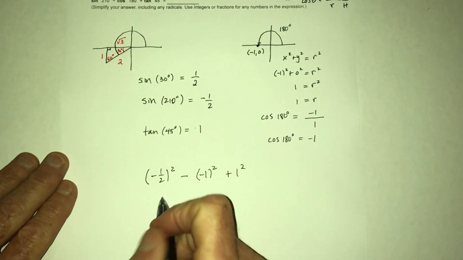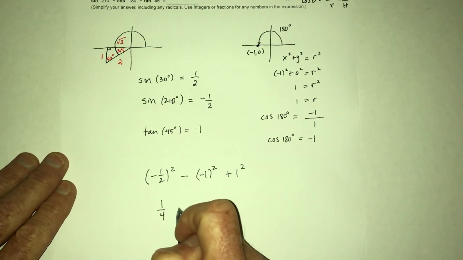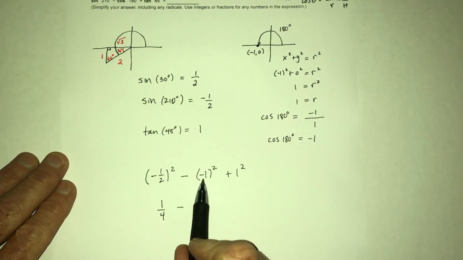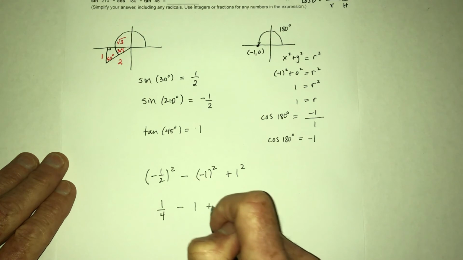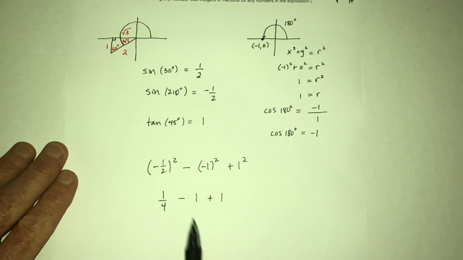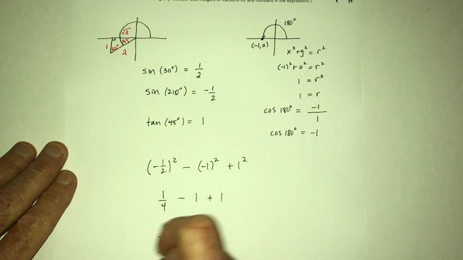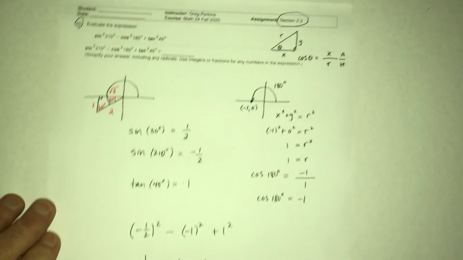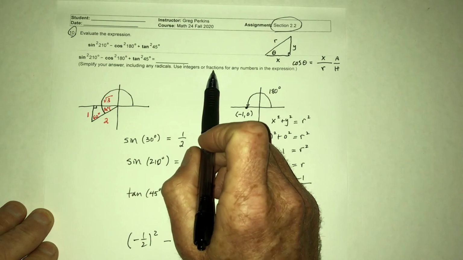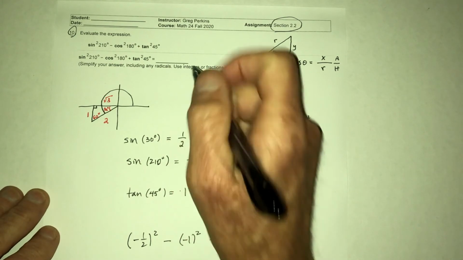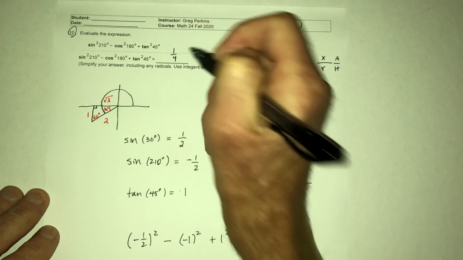So this, when you square it, will be 1/4. And then this will be minus. When you square a -1, that's a +1. And then plus another one. So these two are going to cancel. So the answer would be 1/4. And then it says to use fractions, so not decimals. So the answer would be 1/4.